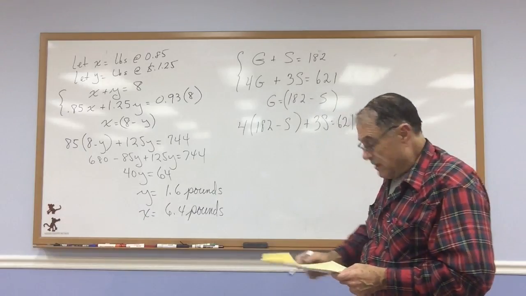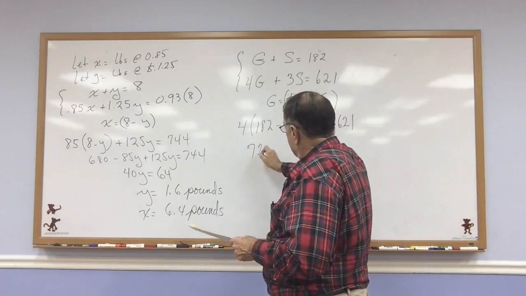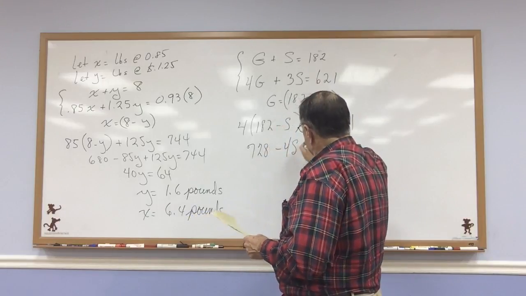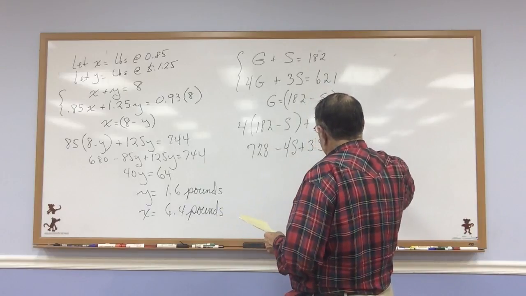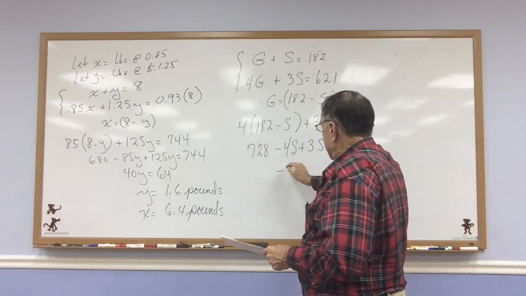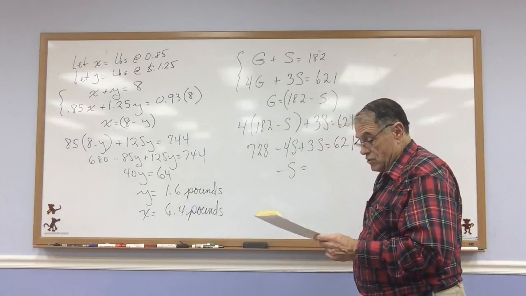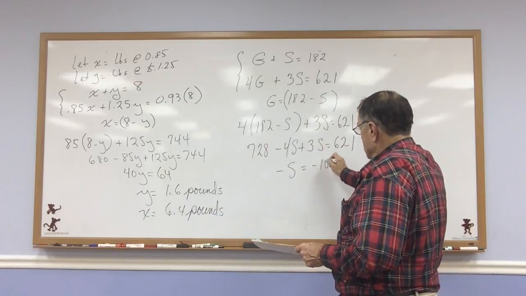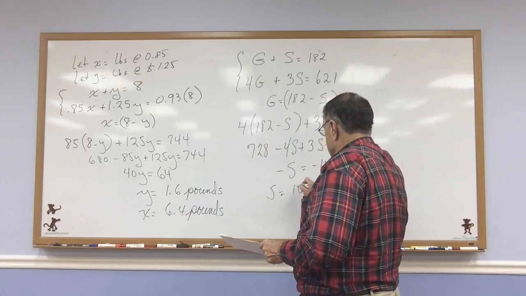So distributing the 4, 728 minus 4S plus 3S is 621. Negative S, and I subtract 728 from 621, negative 107. So the number of student tickets, 107 student.